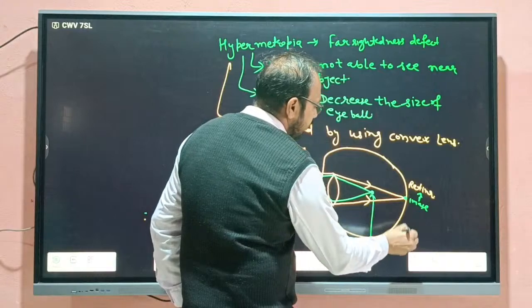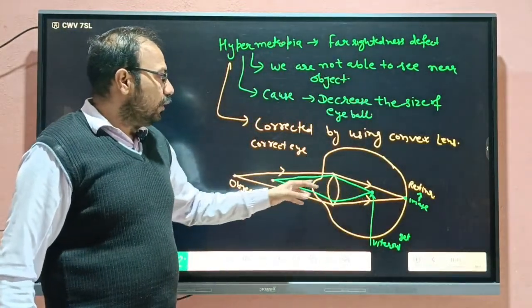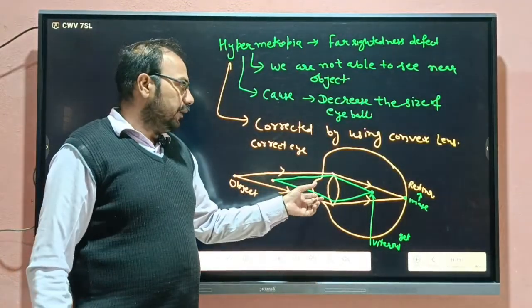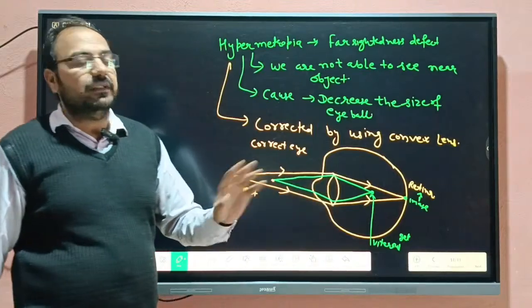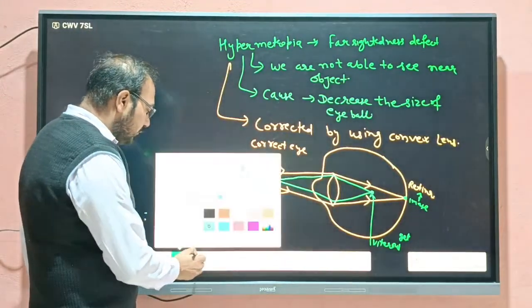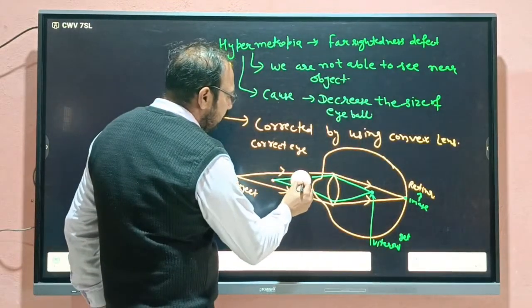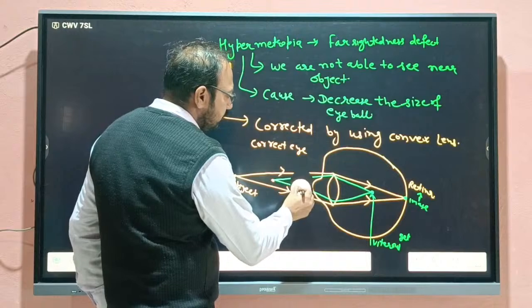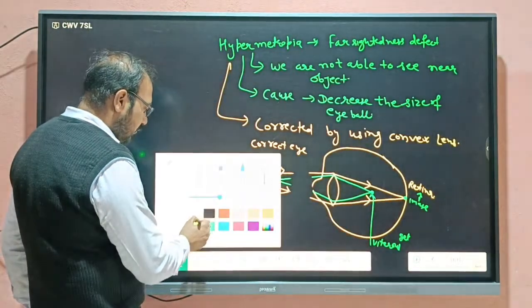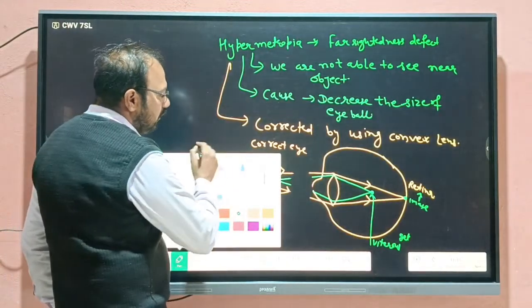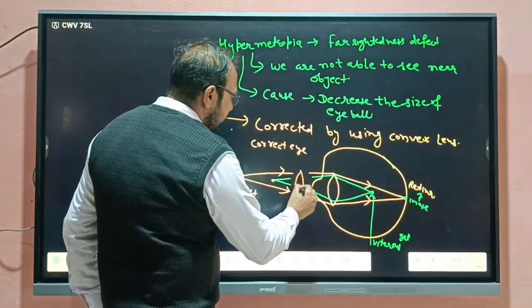Vitreous gel. Okay. So this is known as the hypermetropia eye diagram. So how to correct that? We use a convex lens.